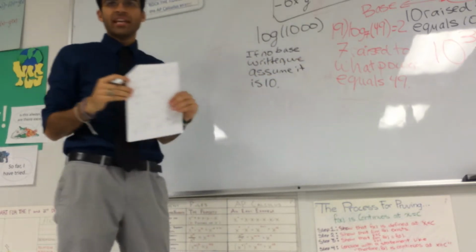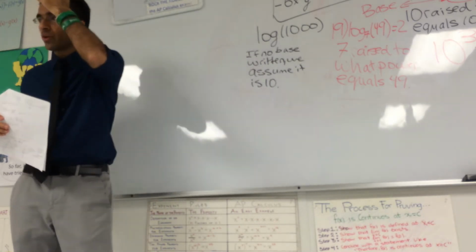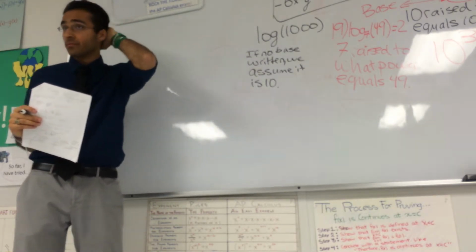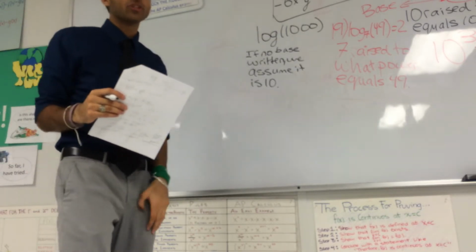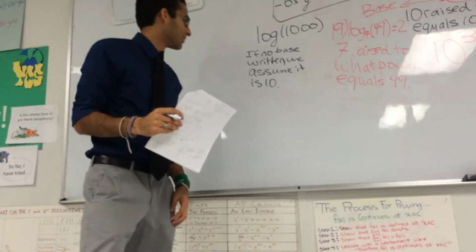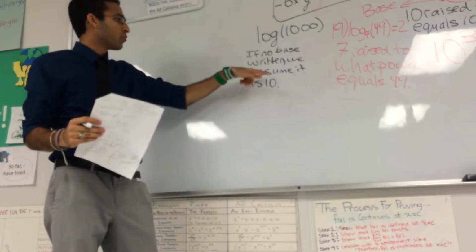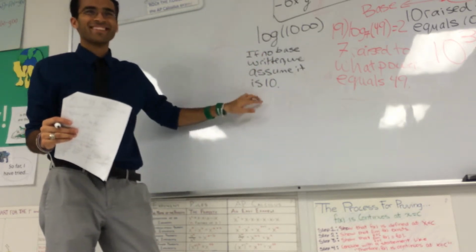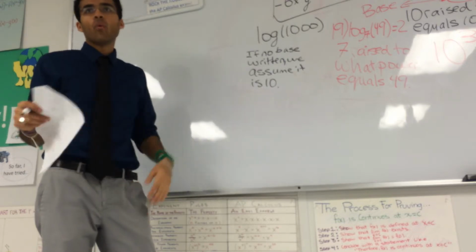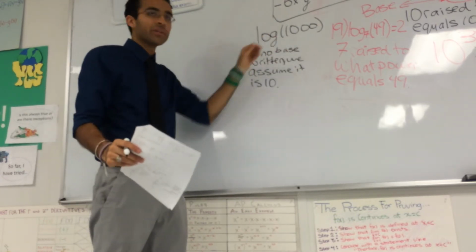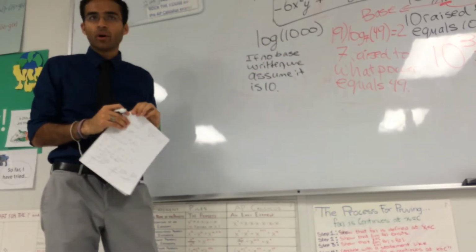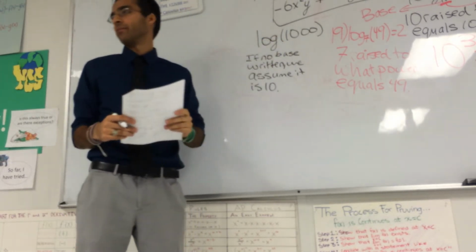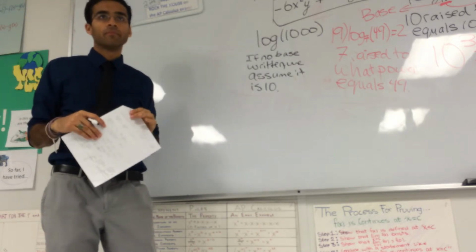Gotta know this. If there's no base written, we assume it is 10. Now, if they want to make the base 3, they'll put a 3 there. If they want to make the base 8, they'll put an 8 there. If they want the base to be 20, they'll put 20 there. Whatever they want to do.